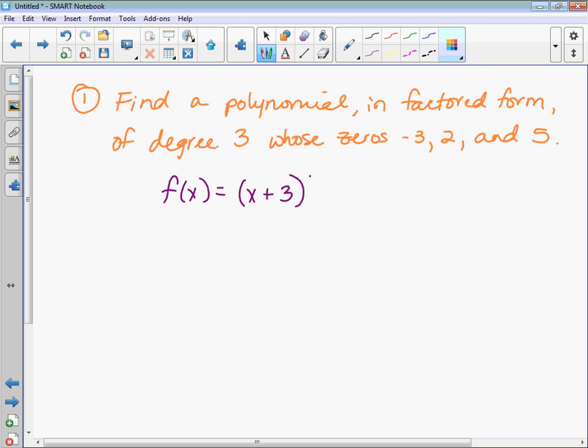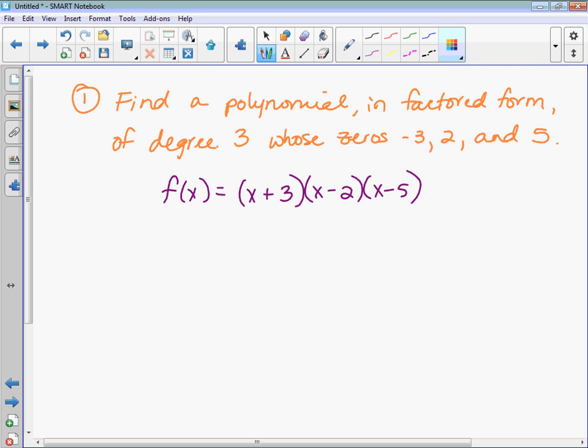What about the 2? X minus 2, and then the 5. X minus 5. Okay, now the direction said in factored form. Is that in factored form? Yeah, it's like parentheses, parentheses, parentheses.